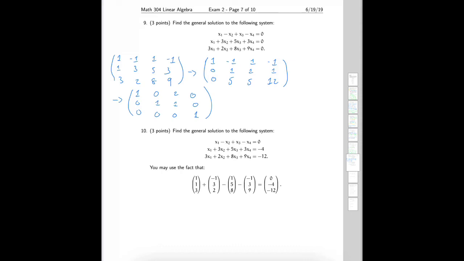X1 and X2 are the pivot columns. And so this means that X3 and X4 are the free variables. So we're going to solve everything in terms of X3 and X4. So X1 is equal to minus 2X3. X2 is equal to, oh, sorry, X4 is not a free variable.